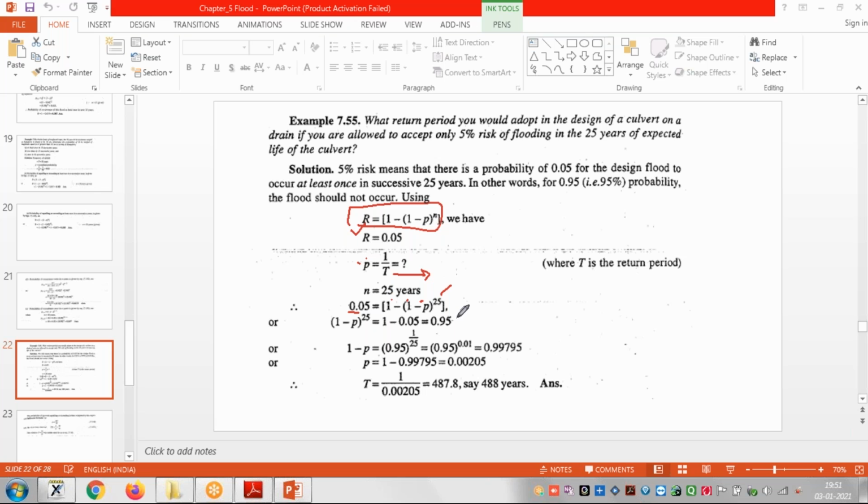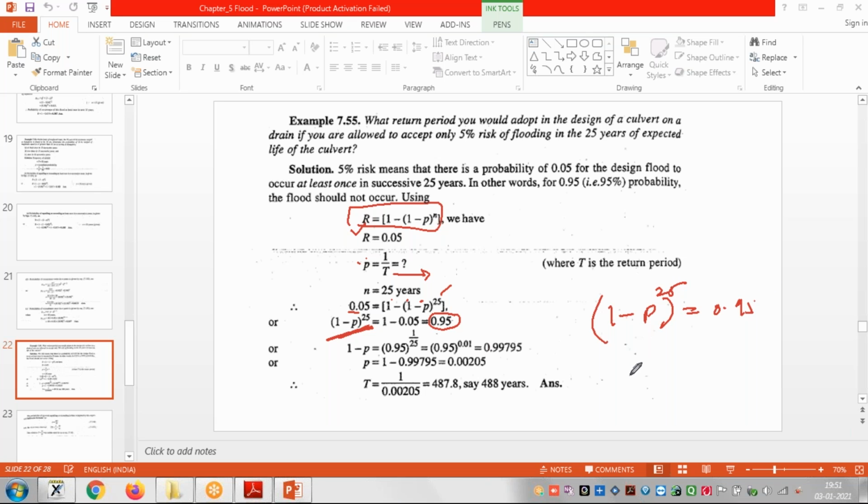So here if we solve it, we will get the value of P. 1 minus P raised to the power 25 is equal to 0.95, right?